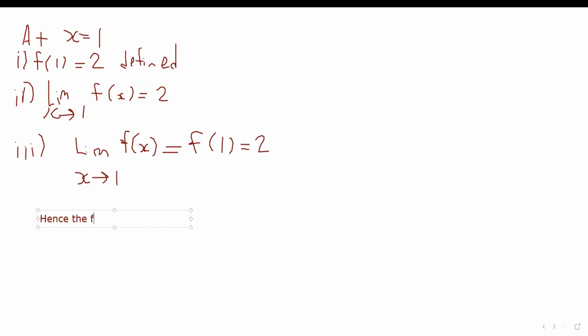That's it. Easy. Hence, it is continuous at x equal 1. All right, no problem. Nice.